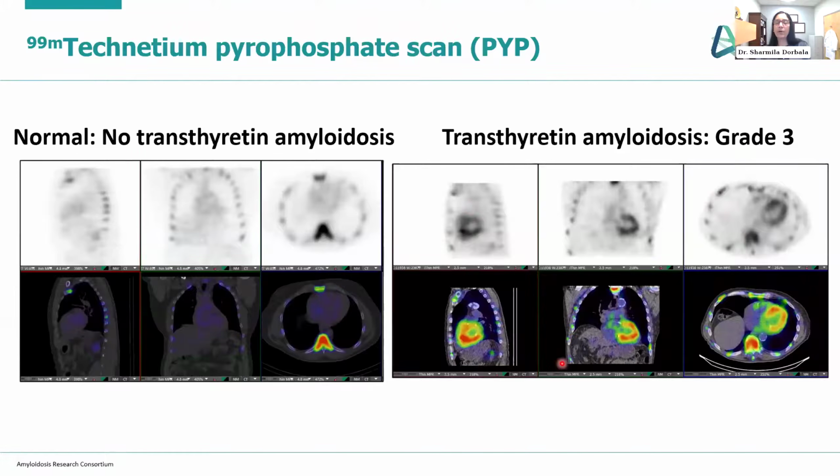Again, very important because we need to exclude AL amyloidosis by blood and urine tests in all patients undergoing this PYP scan. Why? Because this could be AL and the treatment may be completely different. So remember that again, a negative test does not exclude AL amyloid. A positive test can be AL or ATTR. So go ahead and exclude AL by further testing.